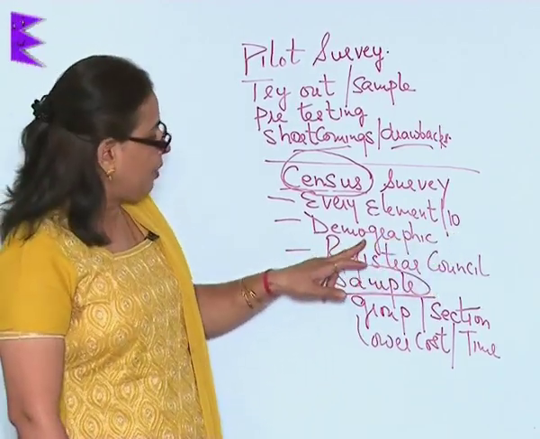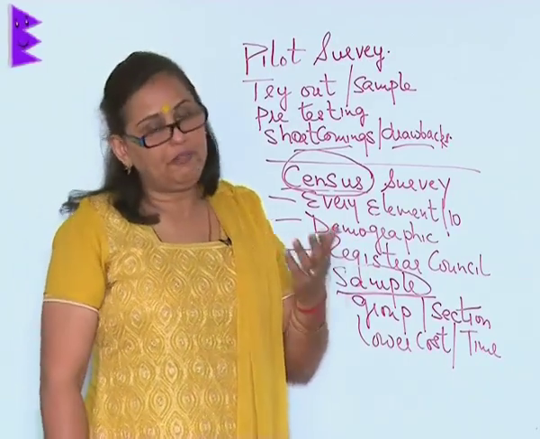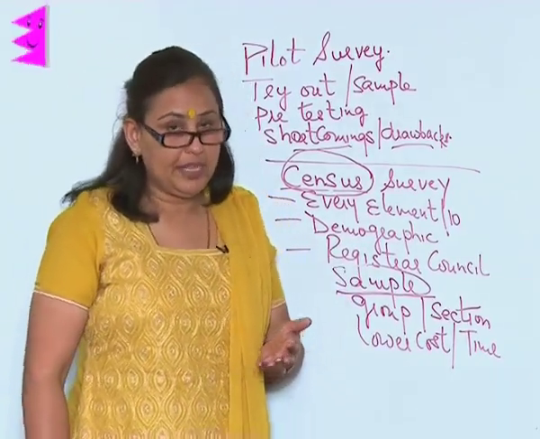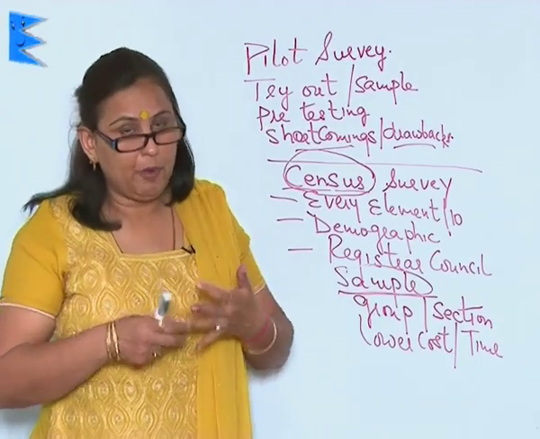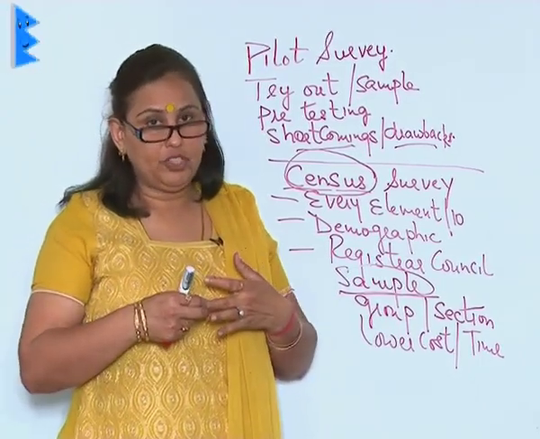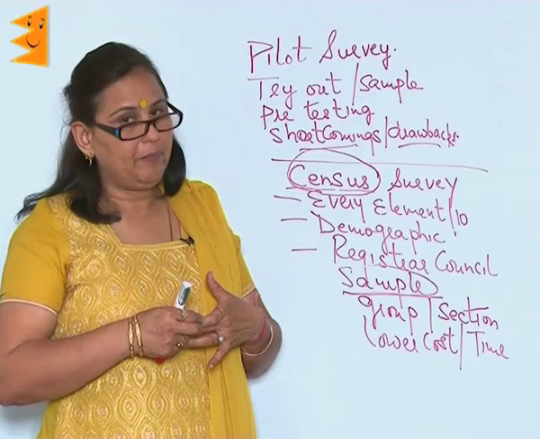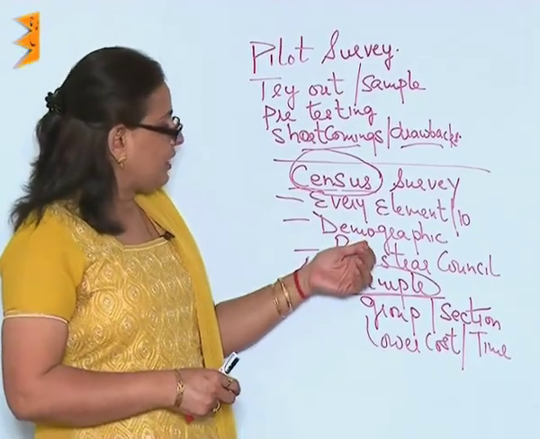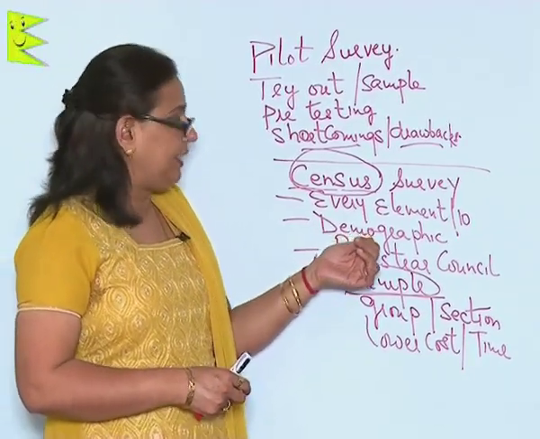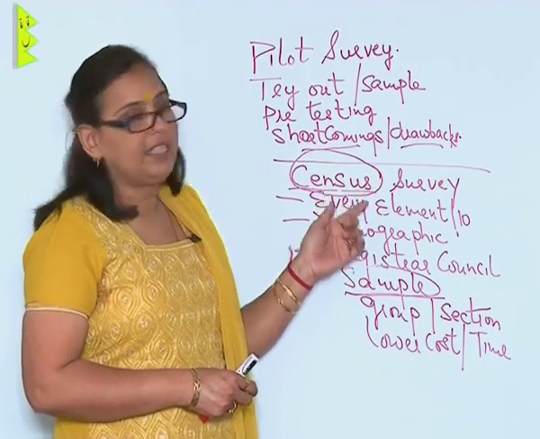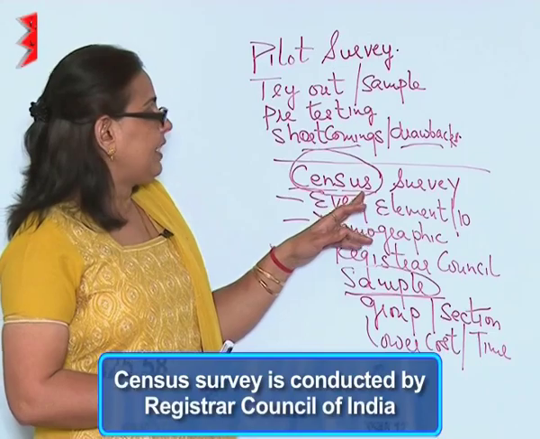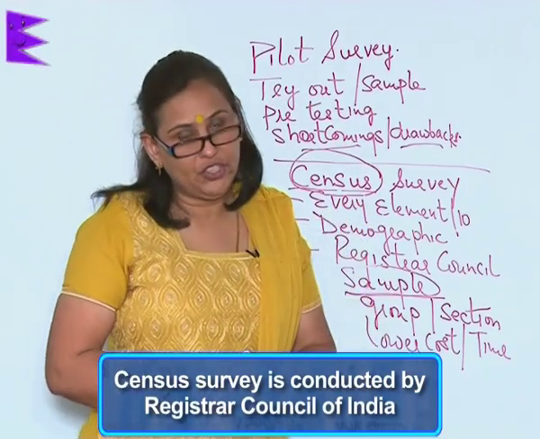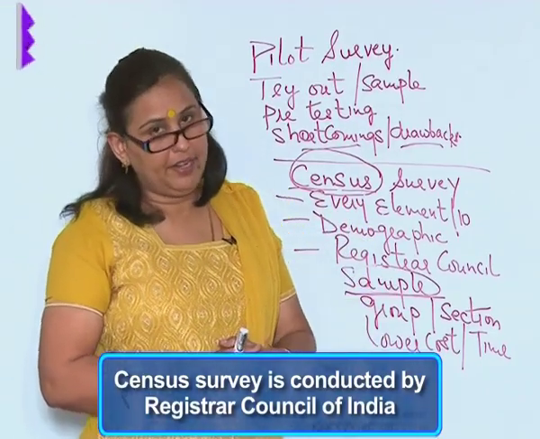It is the demographic representation of the population, meaning to say the literacy rate, the birth rate, the death rate of the population, the workforce, etc. So all this information is collected by the census survey method. This census survey is conducted by the Registrar General of India.